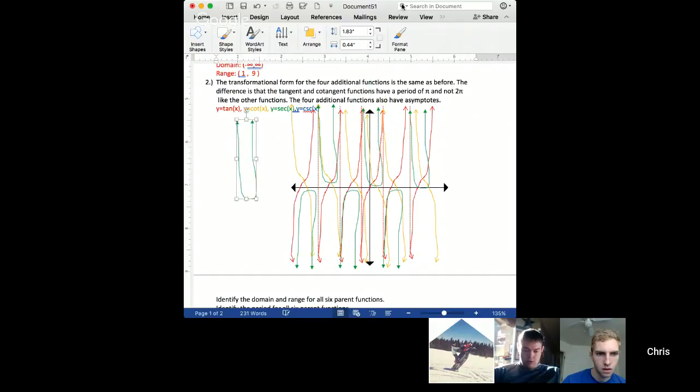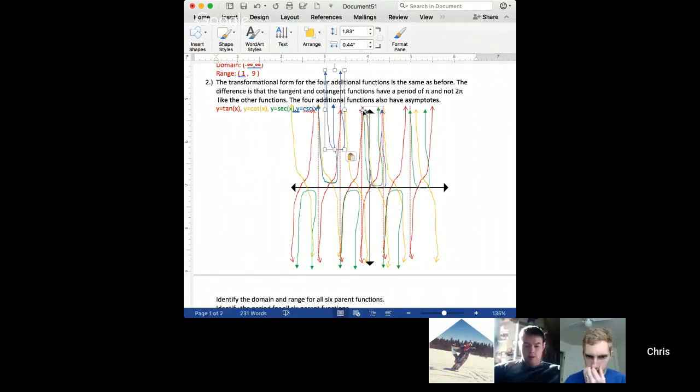Take that and make that blue. Oh, this kind of does its own thing. It rides the y-axis instead of crossing it. It's also going over the y-axis like this.